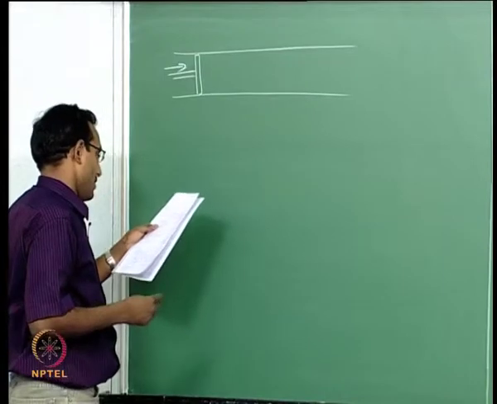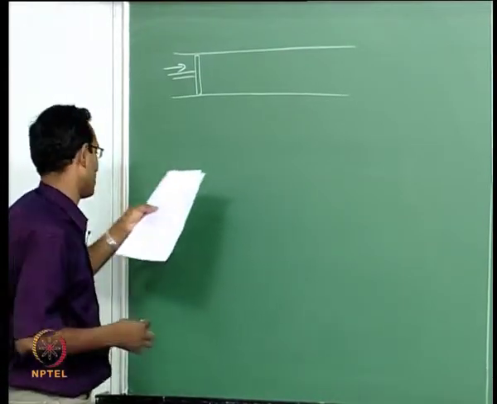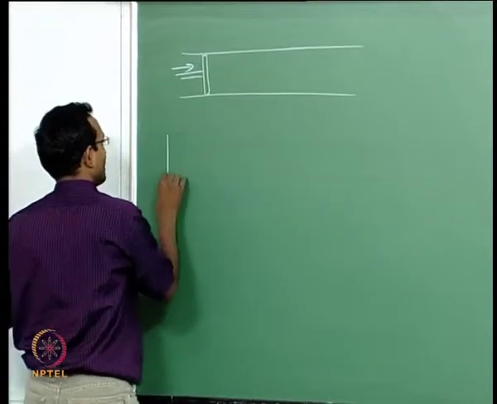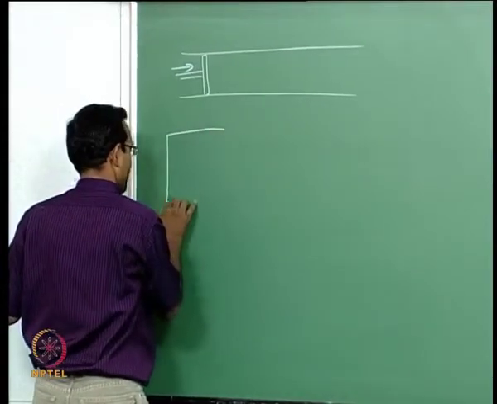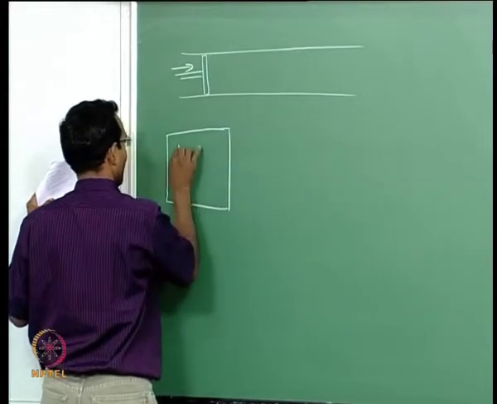But this is not going to help create a flow facility. The flow facility which I am going to talk about is a piston driven facility, but it still has a high pressure tank.